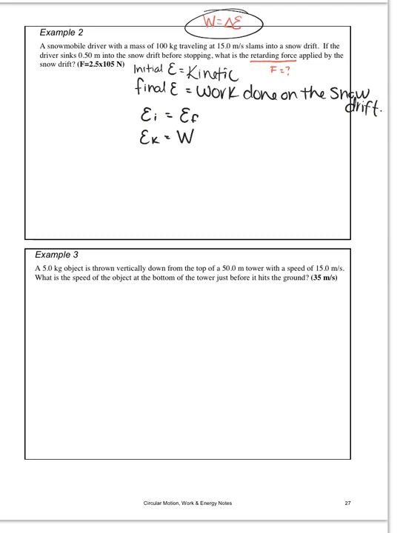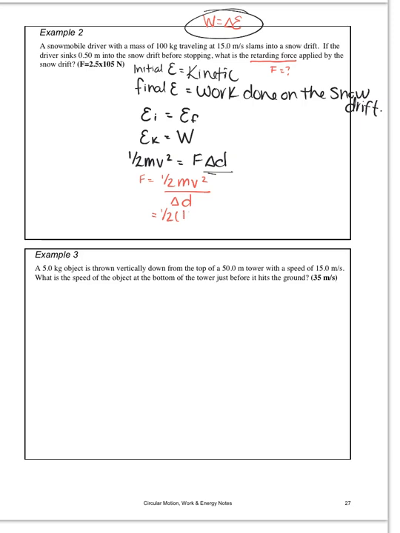Okay, so EK is 1/2 mv squared, and work is force times the distance applied. Now this is the distance that the snowmobile goes into the drift. We're looking for force here. So F is equal to 1/2 mv squared over the distance applied.